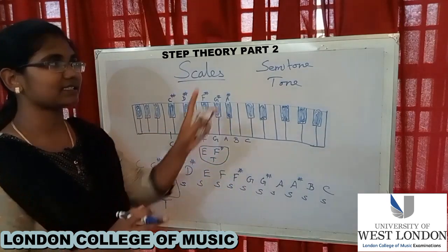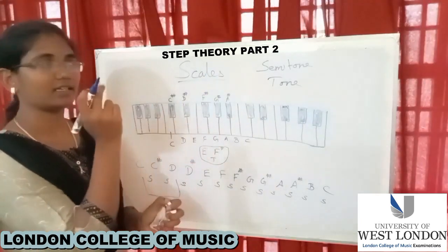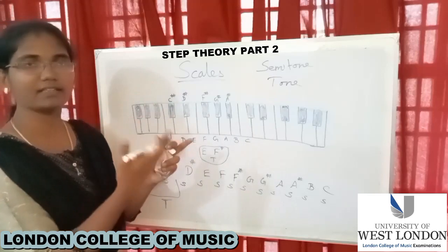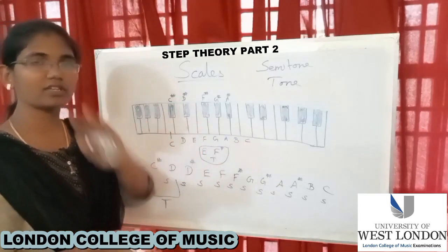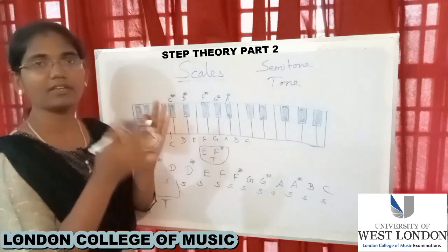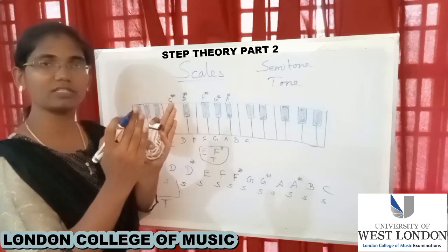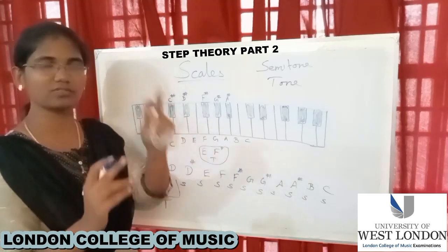Understand this tone and semitone. This is very, very important. We are going to apply the tones and semitones. We are going to find the tone and semitone in our scales. Okay? Have you all clear? Don't confuse. The immediate next notes are in semitone gap. If a note is placed in between two notes, that is in tone gap. Have you all clear? Understand these two sentences.